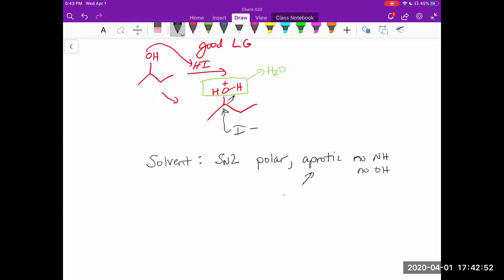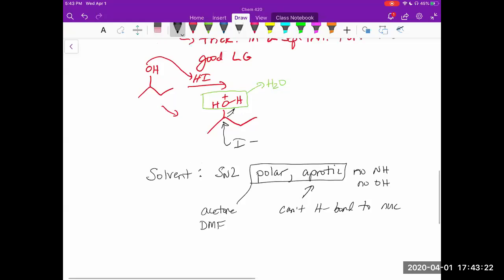And because of that, it can't hydrogen bond to the nucleophile, because that'll slow down the nucleophile. So polar aprotic solvents, a real common one is acetone, dimethylformamide. Take a look at the list that we looked at. Sometimes mixed with water, which is not a great SN2 solvent, but there's a solubility issue as well.